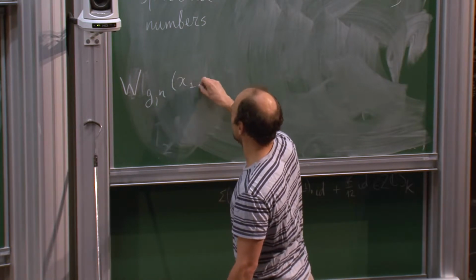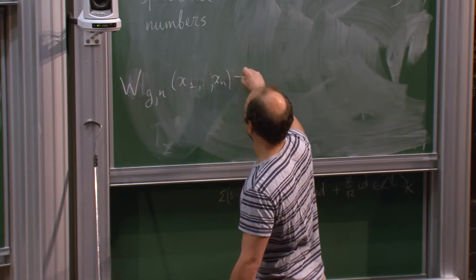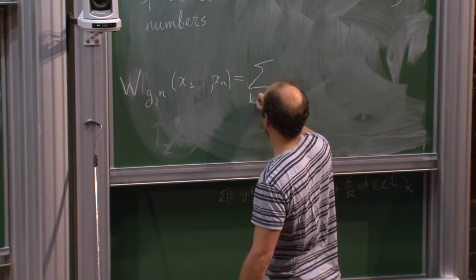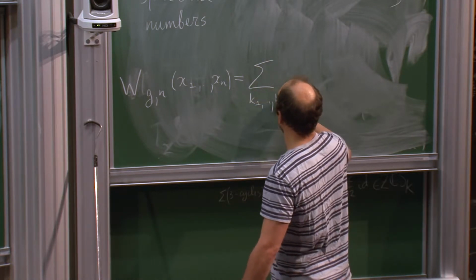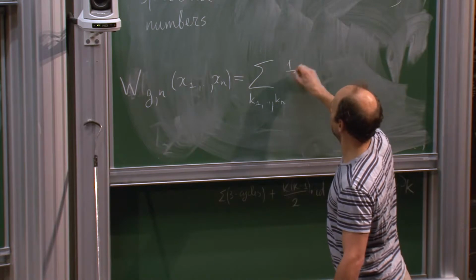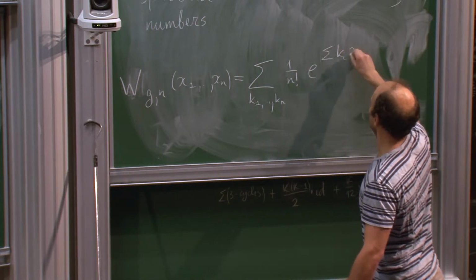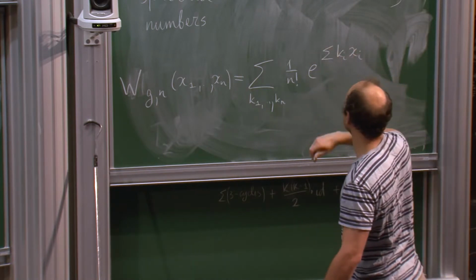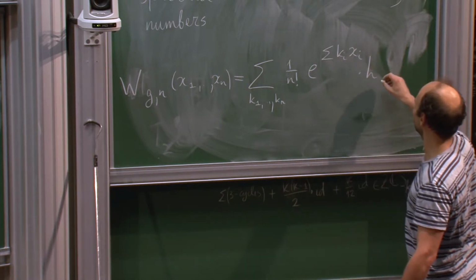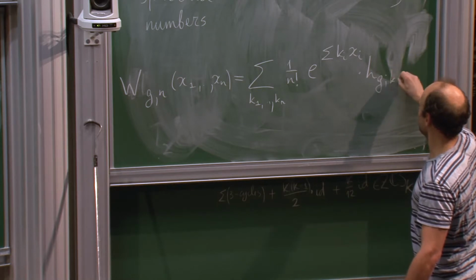Of x1, ..., xn equals the sum over k1, ..., kn of 1 over n factorial, e to the power sum of the ki xi, times the Hurwitz number g_{k1,...,kn}.